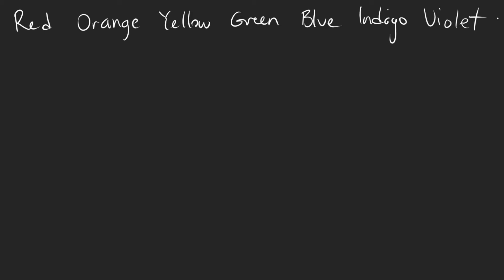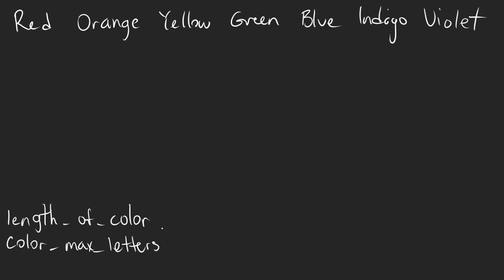Again, what this is doing is iterating through the list. We have this variable called length of color. And outside of the loop, we have color max letters. So if we start at the first value, red, we know that the length of that is going to be 1, 2, 3. Currently, at the beginning of the loop, we set that equal to 0.